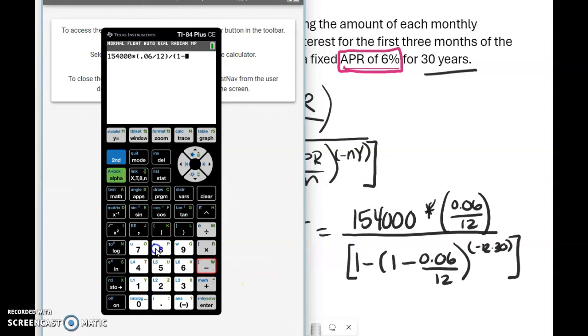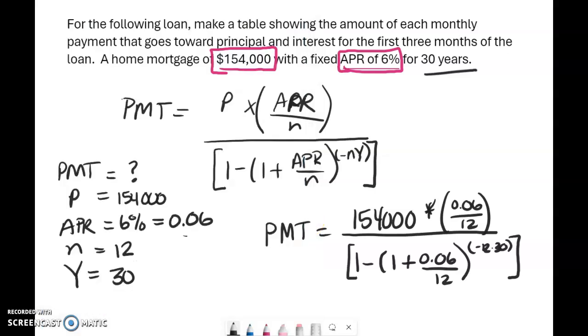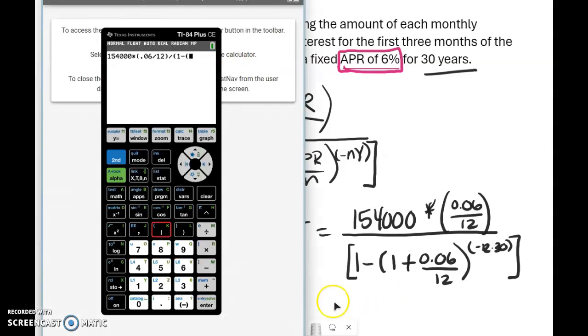And then 1 minus, and that should be 1 plus. There's an error on my screen here. So going back to the calculator screen, 1 plus, and then close the parenthesis.